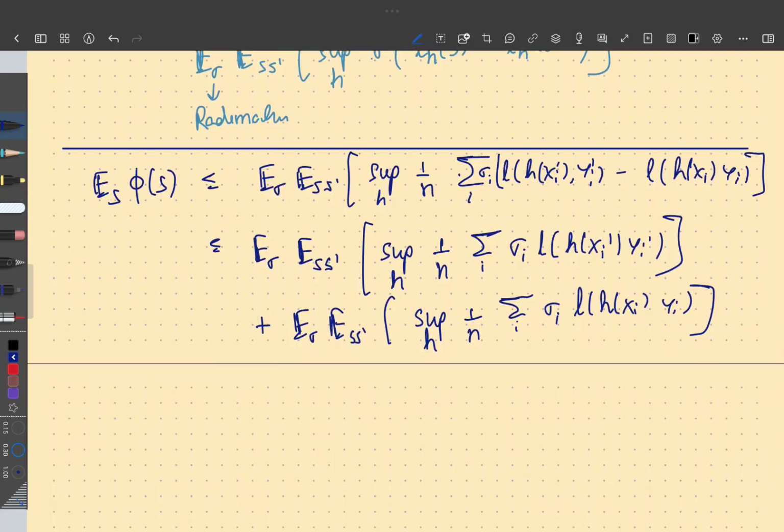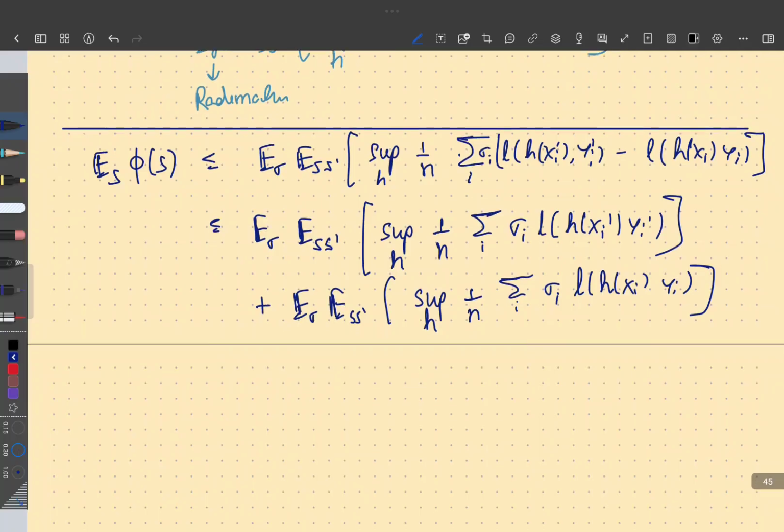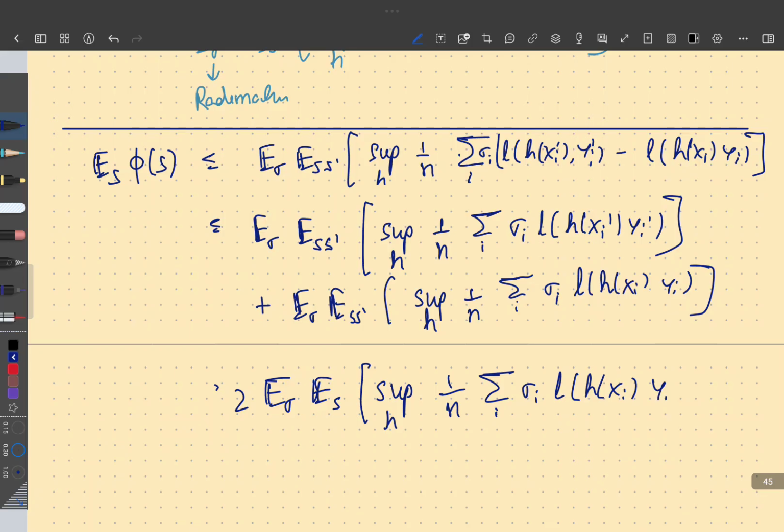The sign doesn't really matter because sigma_i is plus 1 or minus 1 with probability half. Both of these quantities are exactly the same and they're equal to the Rademacher complexity. So this is equal to 2 times expectation over sigma, expectation over S, of the supremum over H of 1 by n sum over i sigma_i L of H of x_i y_i.